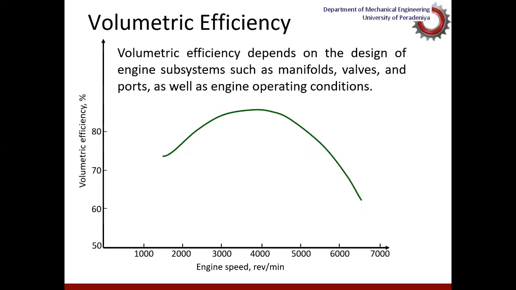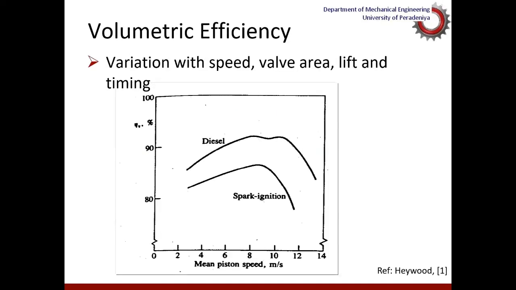The variation of volumetric efficiency with engine speed would look like this. In general, diesel engines will have a higher volumetric efficiency than spark ignition engines, for obvious reasons.